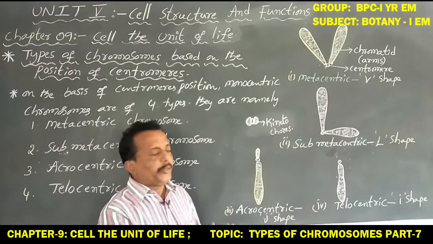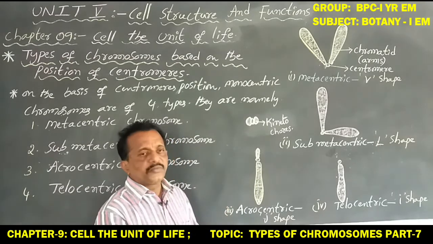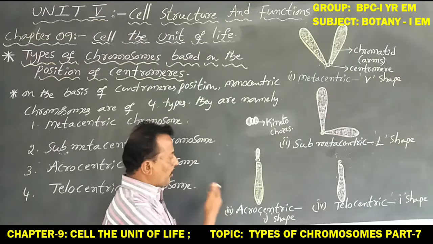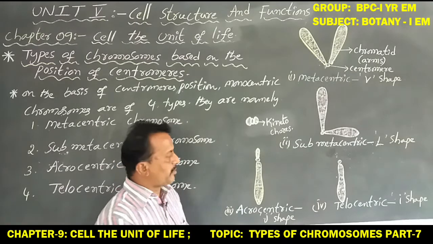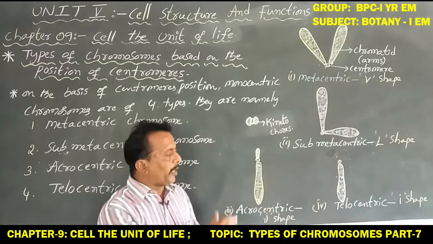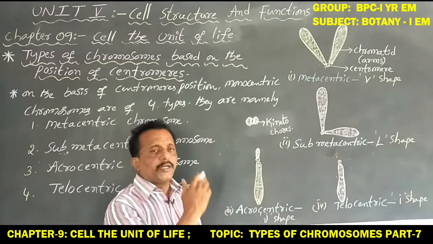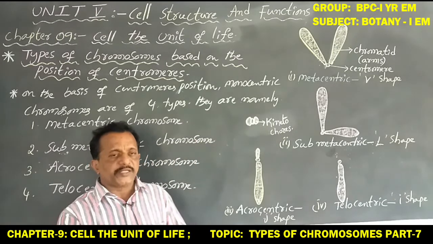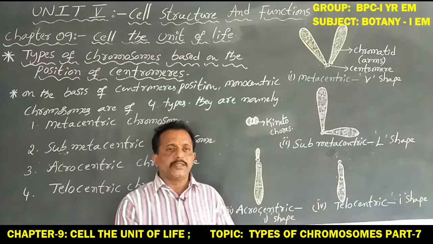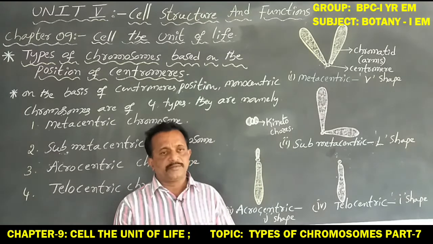Submetacentric chromosome appears L-shaped. Acrocentric chromosome appears J-shaped. Telocentric chromosome appears I-shaped. But in which cell division does this anaphase appear?